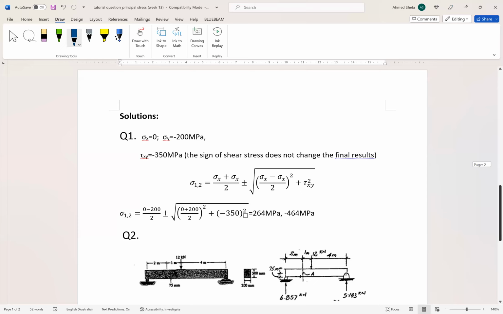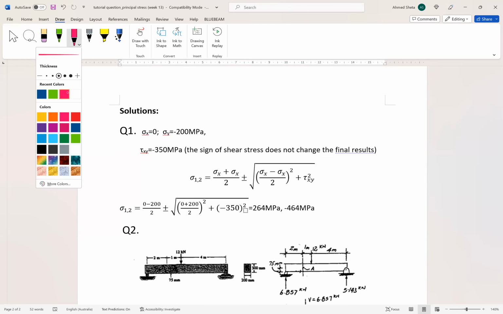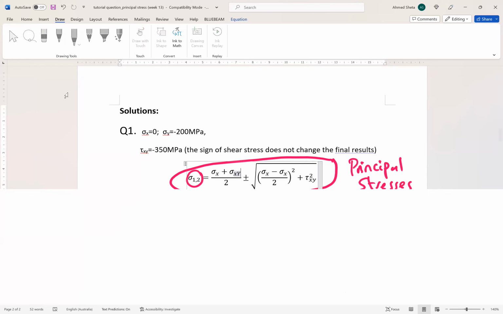So if you look at the formula here, this is our formula for principal stresses. As you can see, sigma 1, sigma 2 equal to sigma x, sigma y. So there is a problem here. This is sigma y, not sigma x.